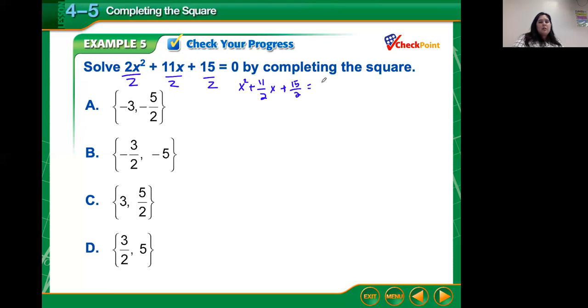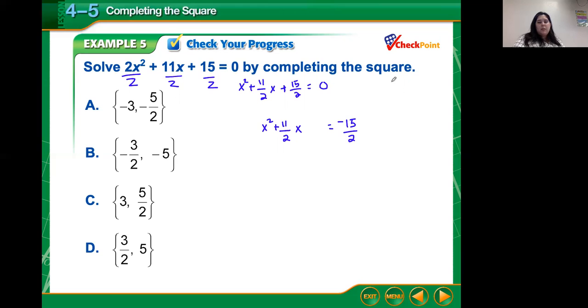You might be tempted to turn these things into decimals. I would not. A lot of this will be easier looking at them as fractions. So we're going to subtract 15/2 from both sides. So we have x squared plus 11/2 x equals negative 15/2.